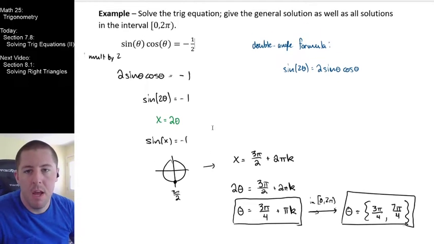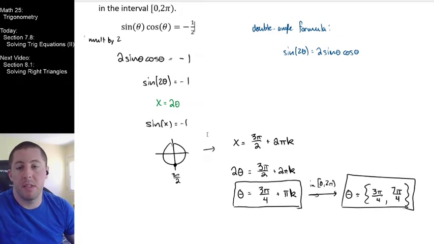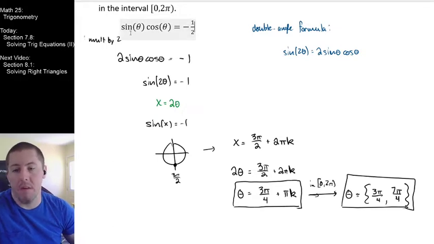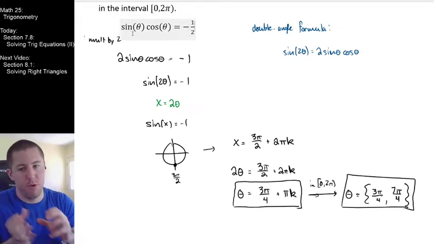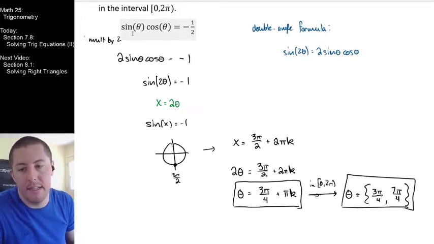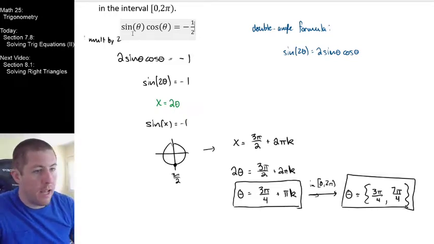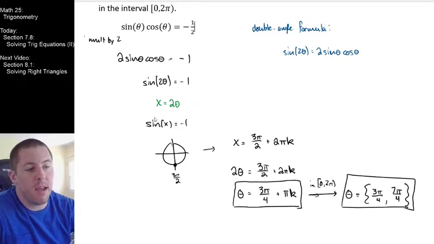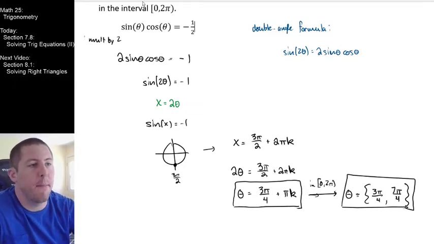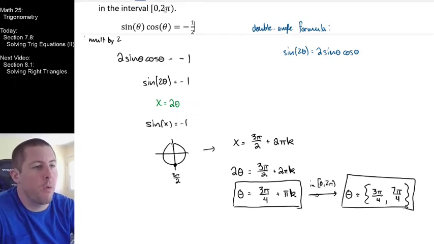So this is a great problem because this is one where we cannot directly solve it as it stands. I can't just move some terms around. I needed to use an identity to make this happen, and I did. This step right here of making the substitution is maybe a bare smidge overkill, but I always do that to help myself.